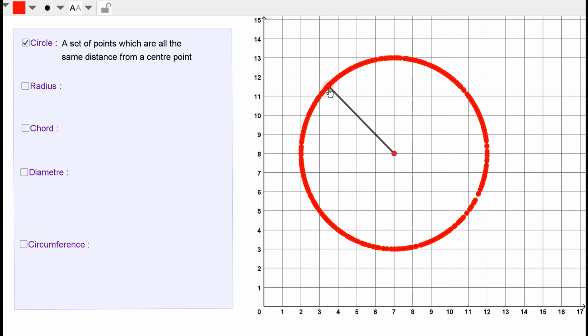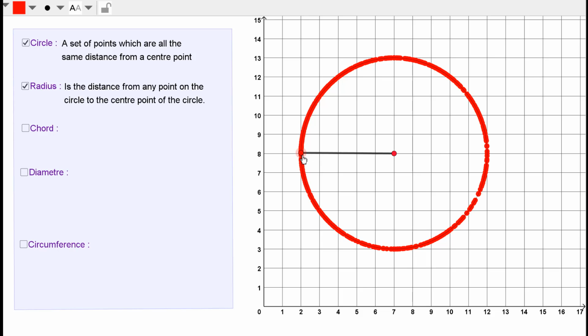Now, this length that all of the points on the circle are from the center, we call that the radius. So the radius in this question, the distance from any point on the circle to the center, is length 5, which is easiest to see when it's horizontal or vertical because we're on a graph.